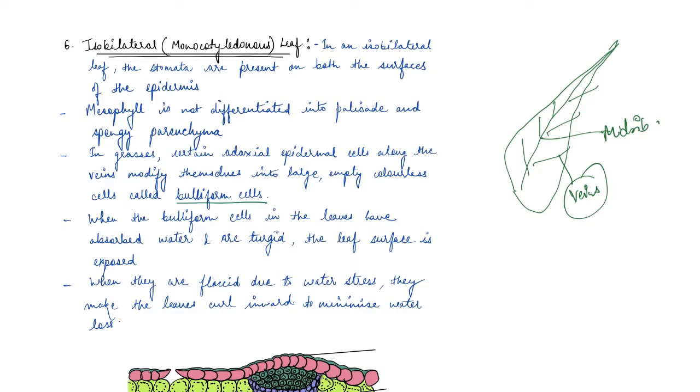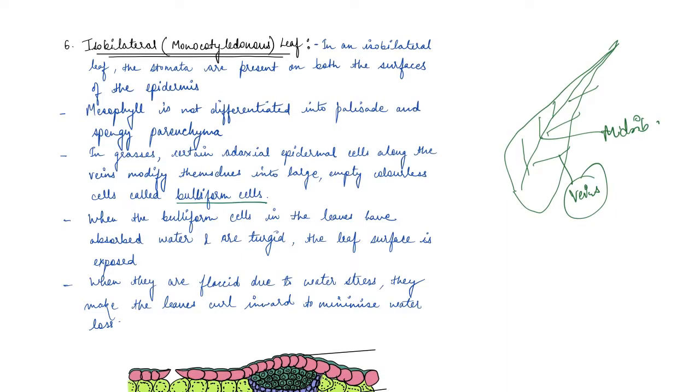When they absorb water and are turgid, the leaf surface is basically exposed. And when they are flaccid due to water stress, they make the leaf curl inwards to minimize water loss. So again, forming these bulliform cells is very important because they are controlling water loss in the case of grasses.